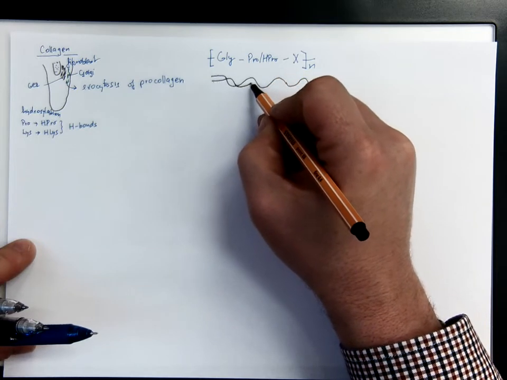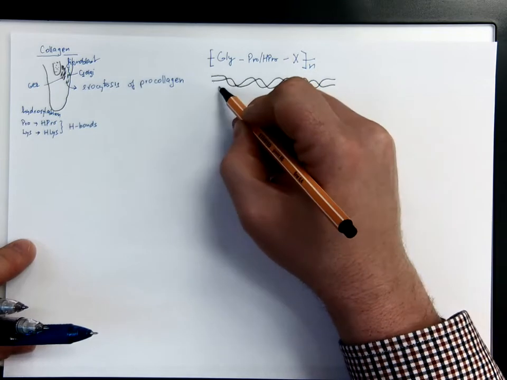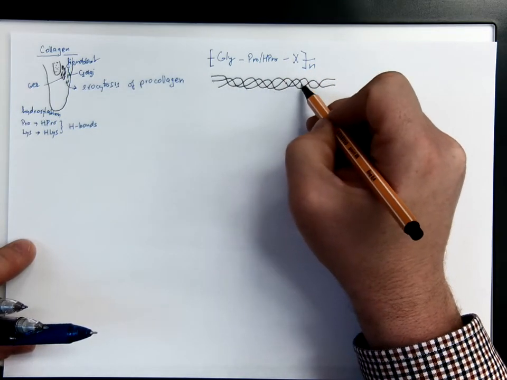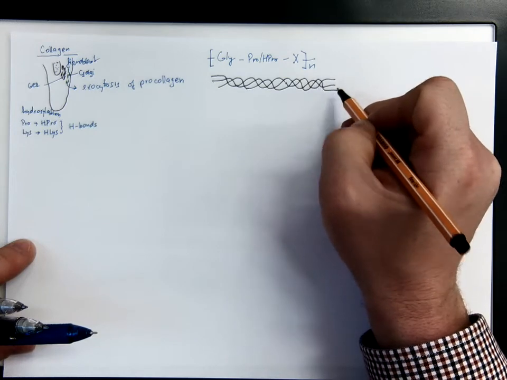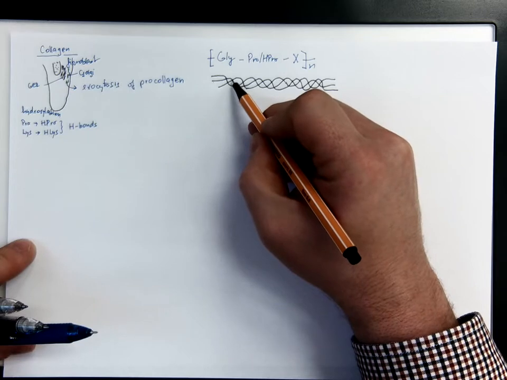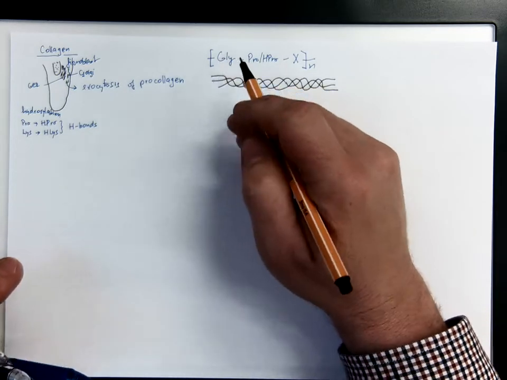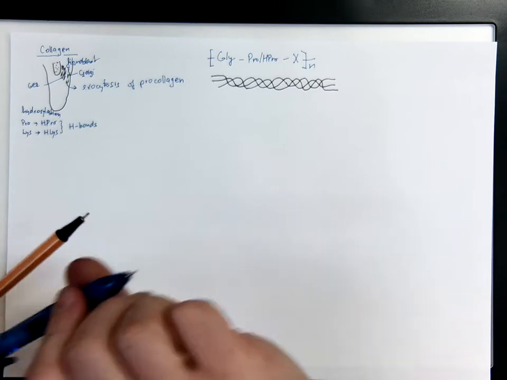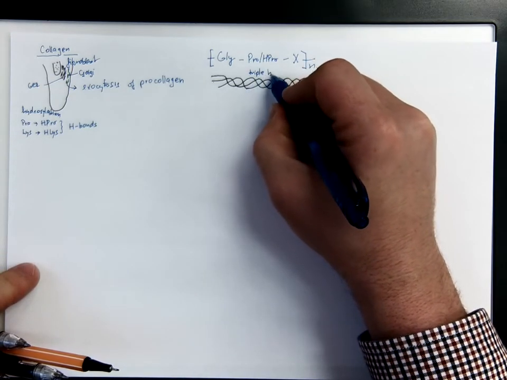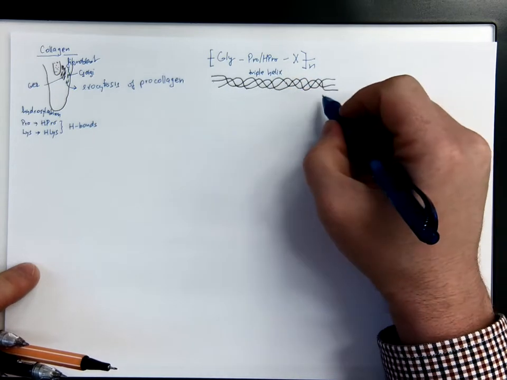So it's a triple helix of three chains. The chains come pretty close together, being stabilized by the H bonds due to the small glycine molecules. So this is the triple helix structure of the procollagen.